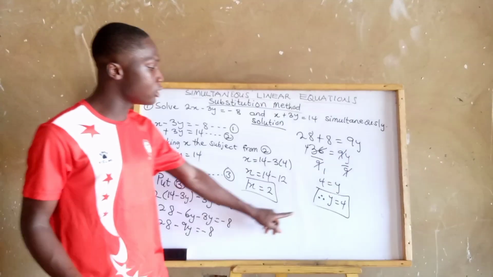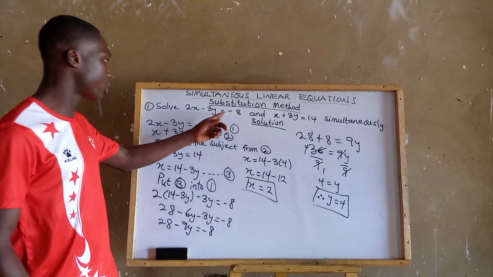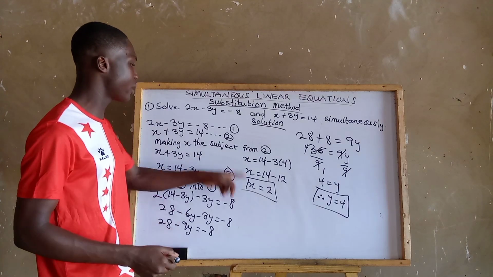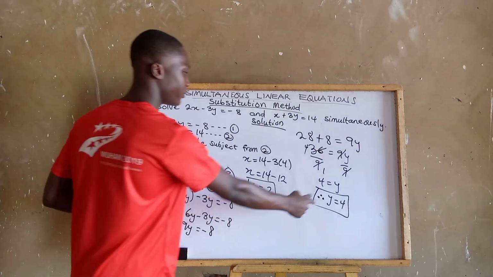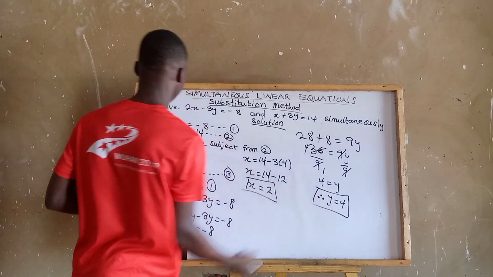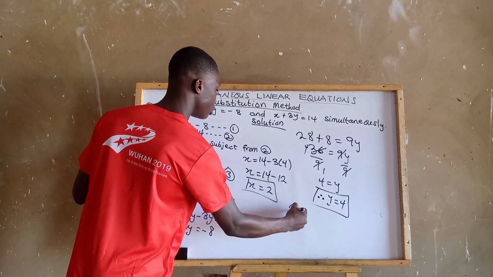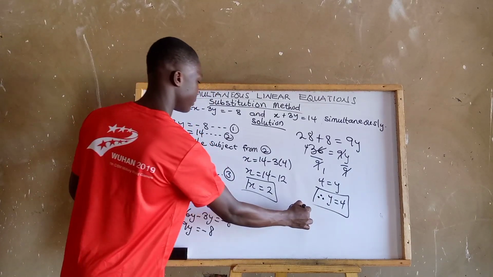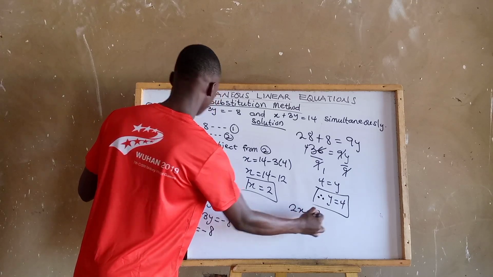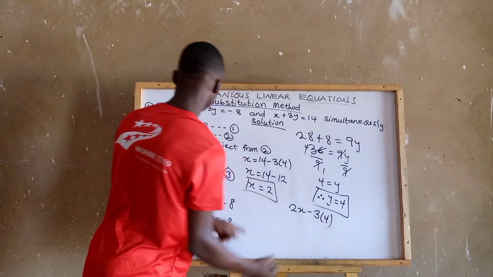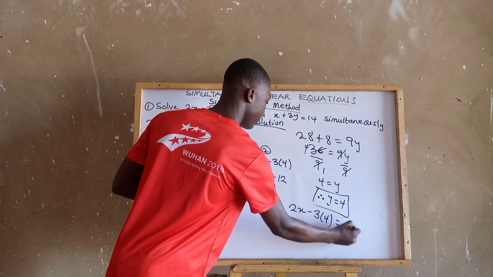We can also put the value of y into equation 1 or equation 2 to find the value of x. So let's try and see if we get the value of x to be 2. Let's put y equal to 4 into equation 1 and see. From equation 1, we have 2x minus 3y, where y will be 4, is equal to negative 8.